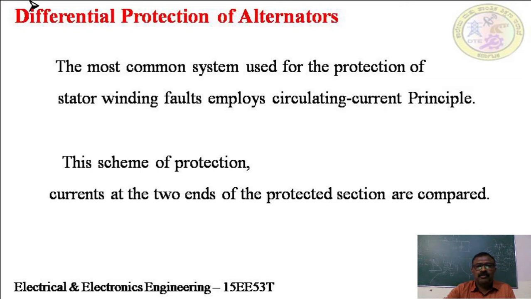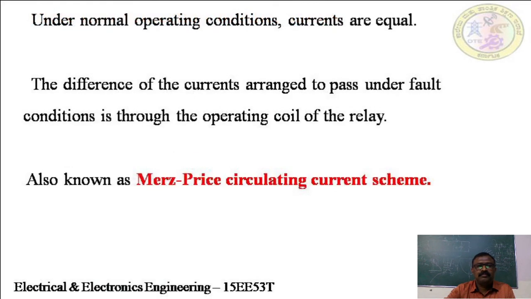The most common system used for protection of stator winding faults employs the circulating current principle. In this scheme of protection, currents at both the ends of the protected section or the protected zone are compared. Under normal operating conditions, the current entering and leaving are equal.